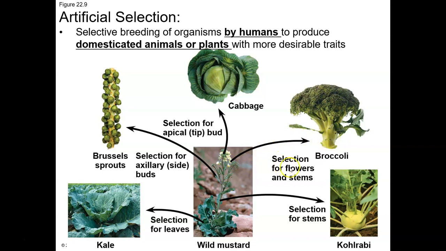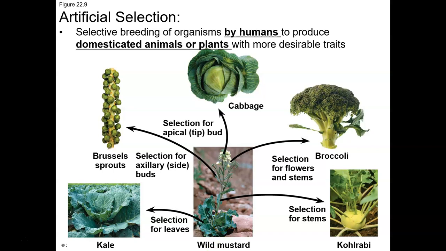Broccoli is from wild mustard plants where humans have selected for flowers and stems, and kohlrabi is another version of the wild mustard plant that's been selected for stems. So all of these different products come from artificial selection from this wild plant.